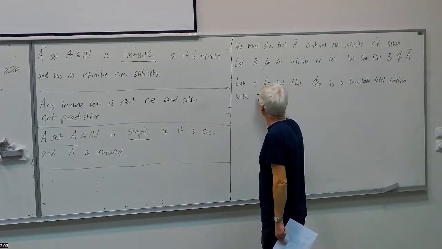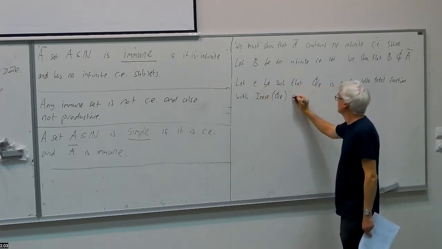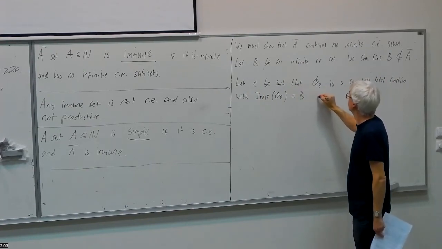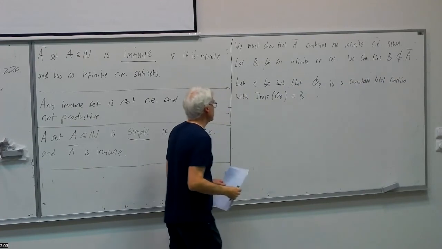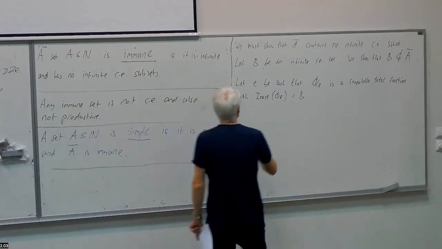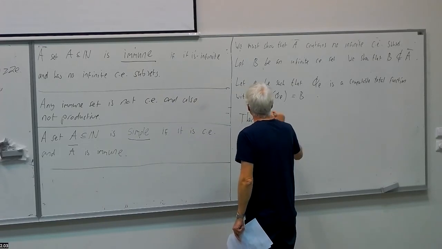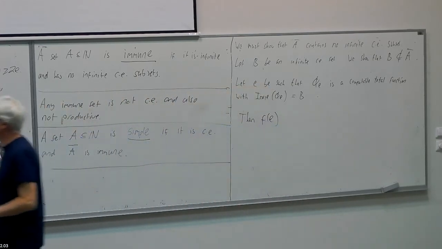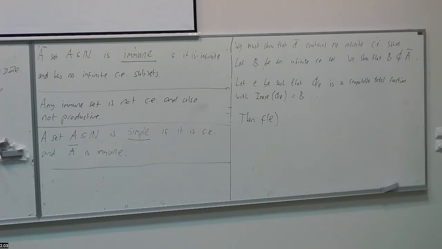with the image of phi sub E being B. So what we're going to have a look at is what F does on E. And F of B is defined because the image of phi sub E is infinite, so there certainly exists some element of the image that's greater than or equal to 2e.